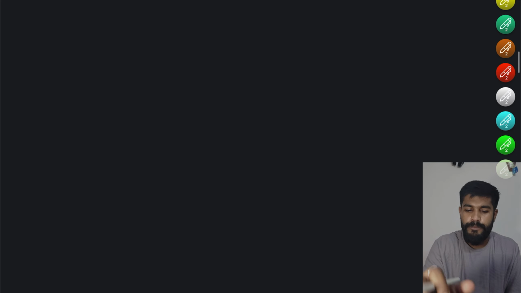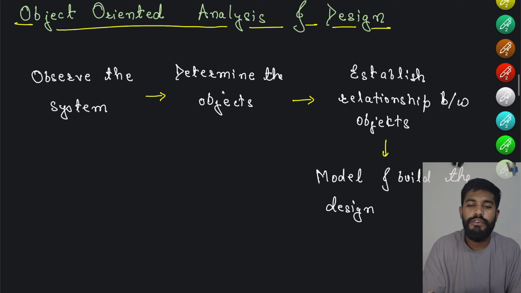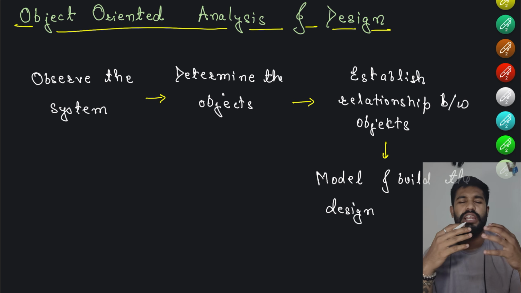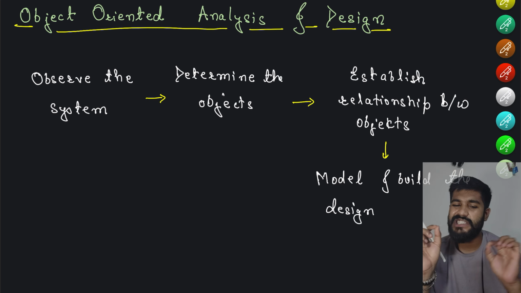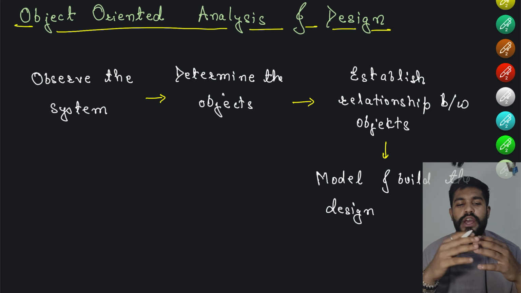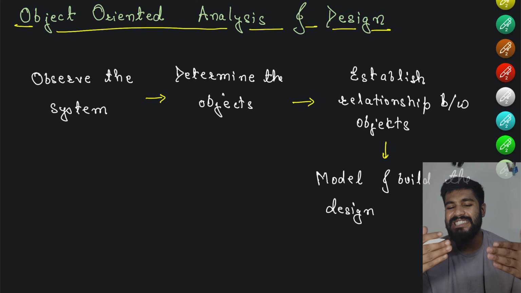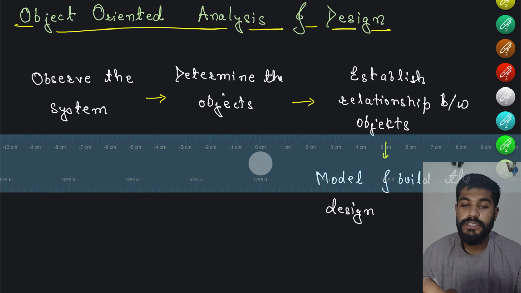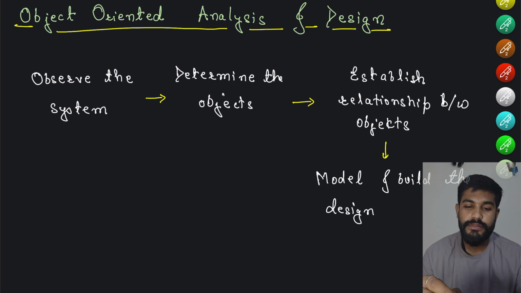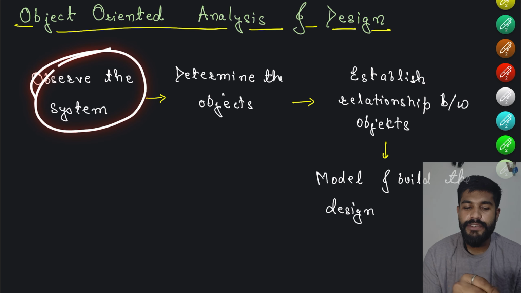Now, what is object oriented analysis and design? In total, it is all about observing the system.